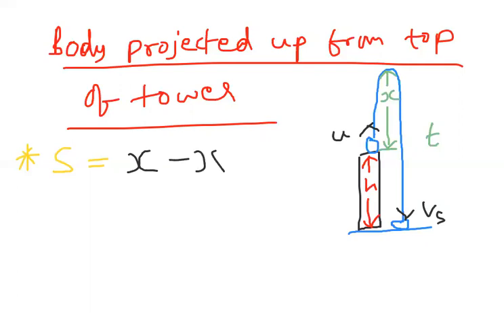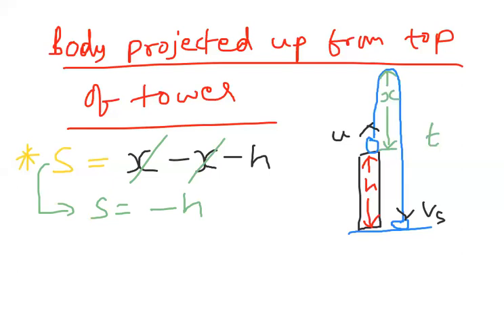Then I come down the height h from here to here, so again down means minus h. Clearly, x and minus x cancel, so the displacement in this situation is minus h.